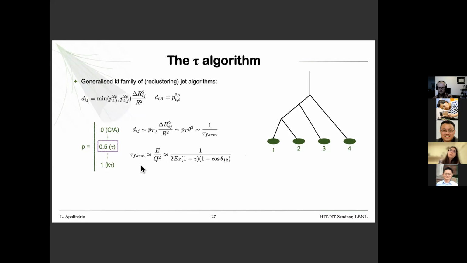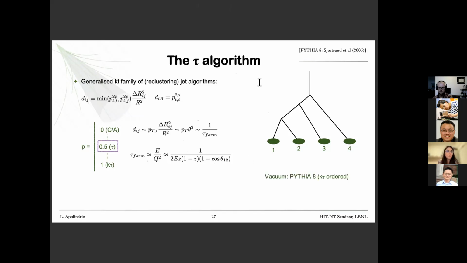When you look at its definition, of course, this is a parametric estimate, but one thing we notice is that it has somehow a dependence on the angle. It still keeps track of the geometric distance between the particles, but now it also weighs the pT. And so it's something between the kT and the Cambridge-Aachen. So we tried this method.